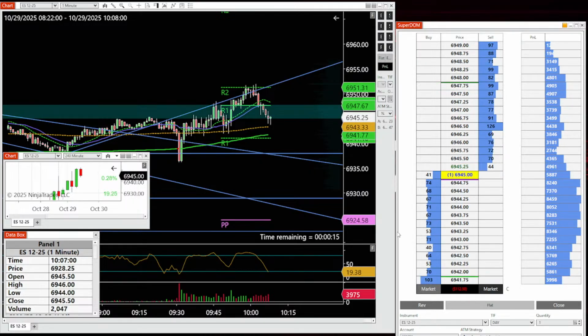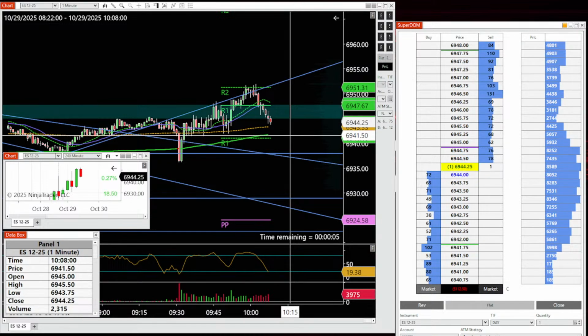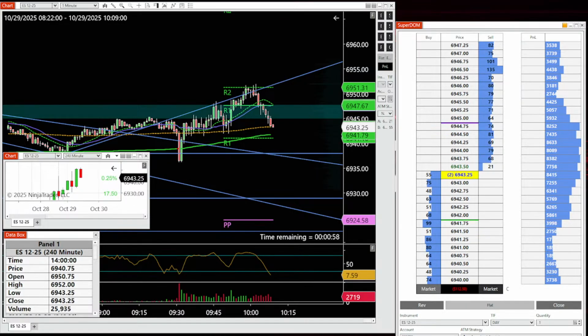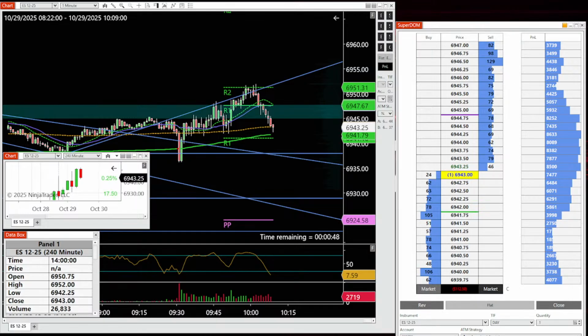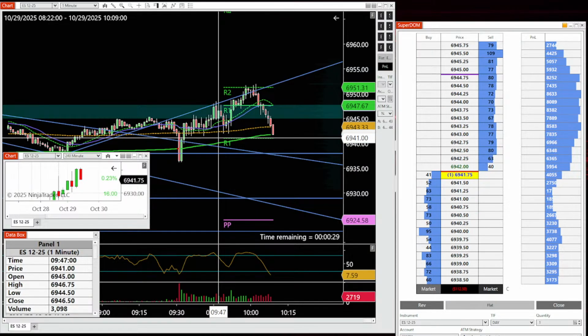Back to this, back here. VWAP is at 41. Come back to test 40. R1.